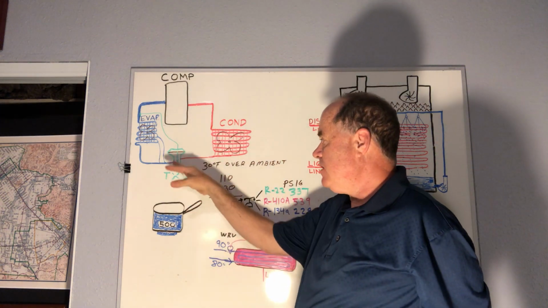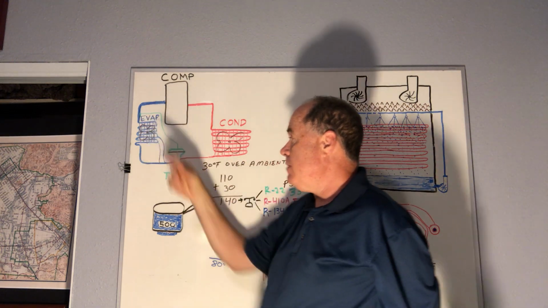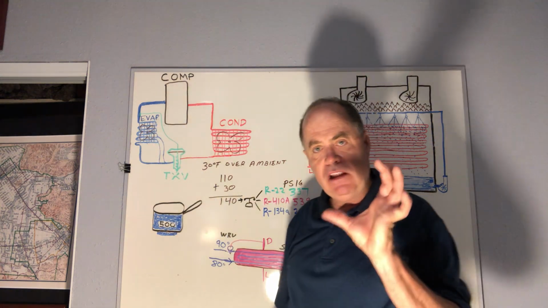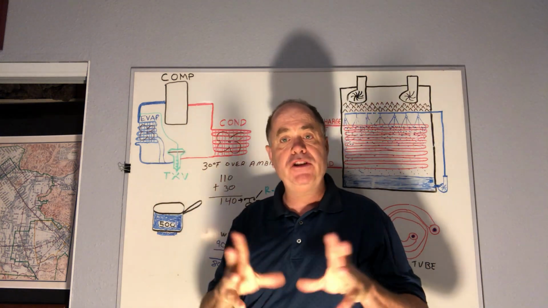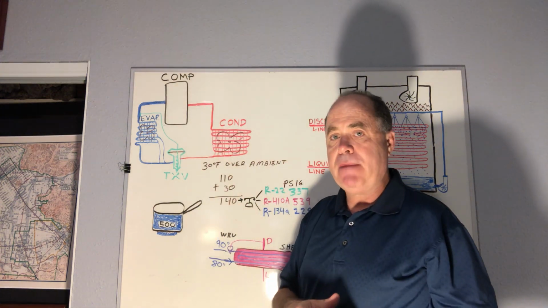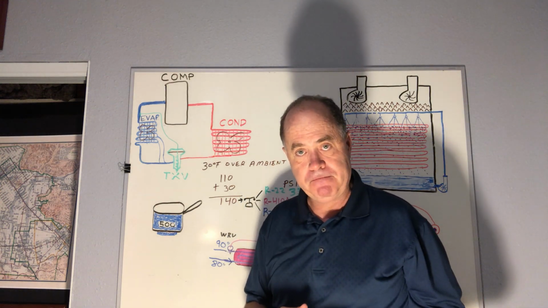Okay, so that's just a little overview. You see some of these tubes coming from the expansion valve outlet to the evaporator. Those little tubes are called the distributor because it distributes the refrigerant evenly to the evaporator and cuts down on unregulated pressure drop.